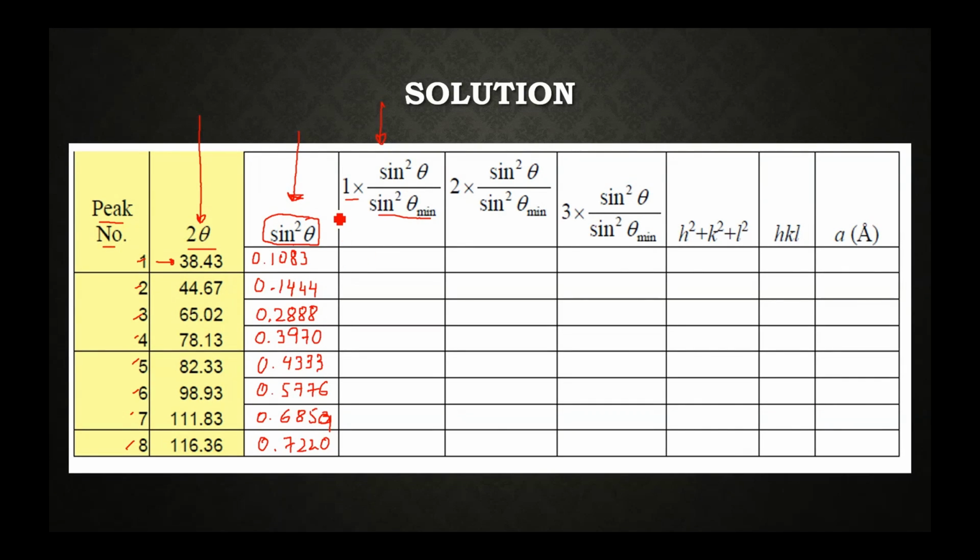So you have to divide every value in the sine square theta column by 0.1083 and write it in this second column. The first value would be 1, and the corresponding values you would have to dictate to me one by one.